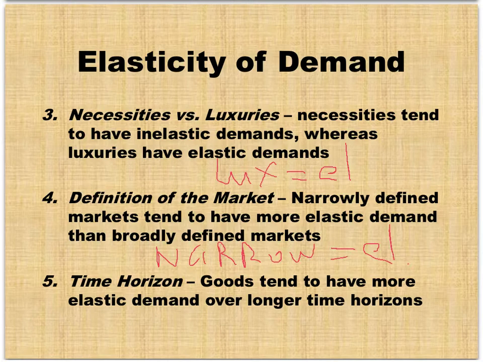It's a very specific market. And if the price of that particular product doubles, I'm much less likely to buy it because, relating back to rule number 1, I have lots and lots of substitutes. I can get a different flavor of Ben & Jerry's. I can get a different brand. I can get chocolate ice cream. I can get frozen yogurt. I have a huge number of options.